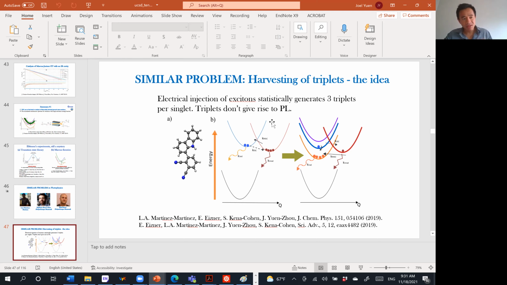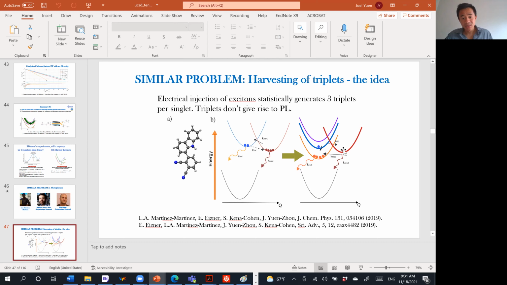The problem with this process is that it's often a little bit inefficient because most of the excitons that are formed are triplet excitons. So 75% by spin statistics are triplet excitons that don't emit light.